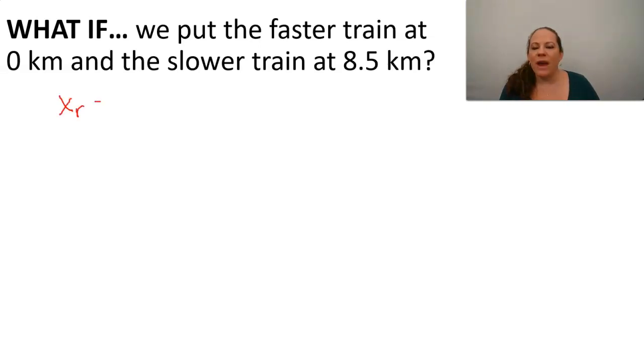So our red fast train is now going to have a positive 25 meter per second velocity times time, and the intercept will be 0. And then our slower blue train is now going to have the negative velocity and the positive intercept.